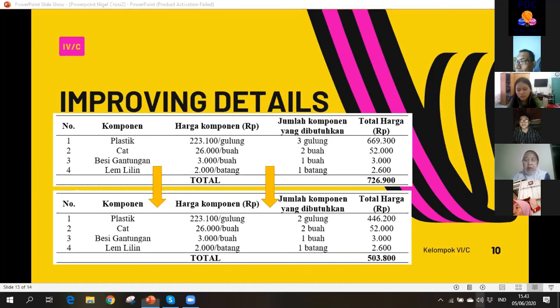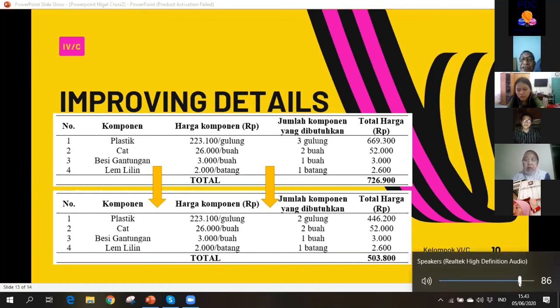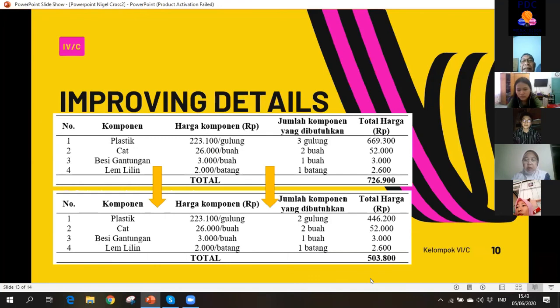Cannot, sir. If you accept, cannot, and then 446, how come? If just only one time, you write 2 gulung, 446,200, but you only took one respondent. How can that be?